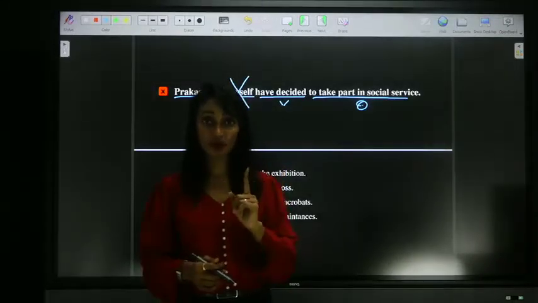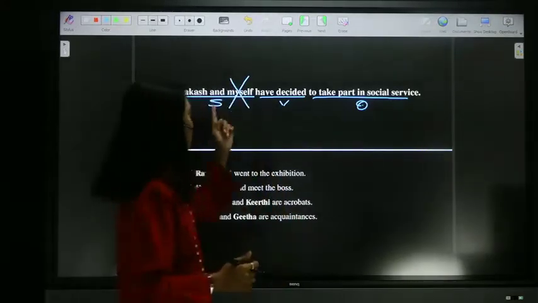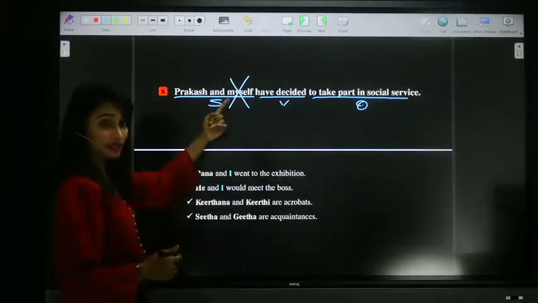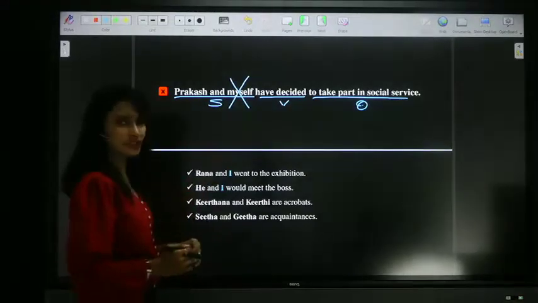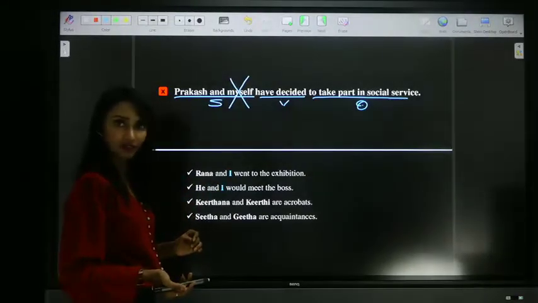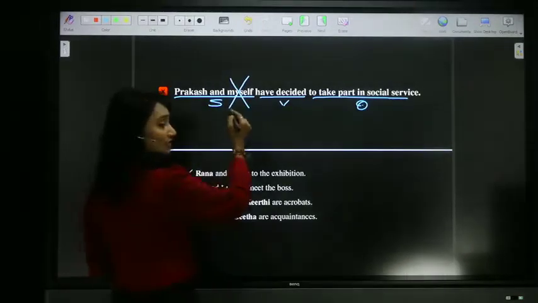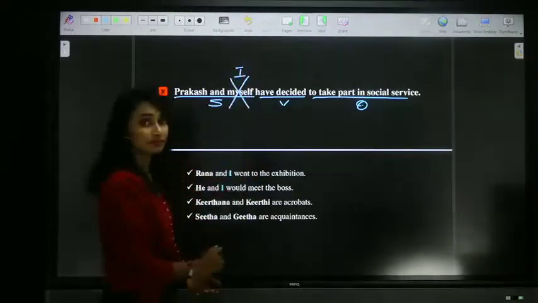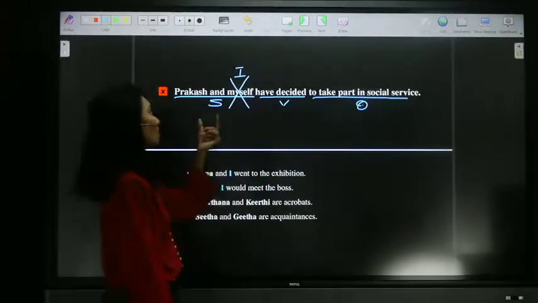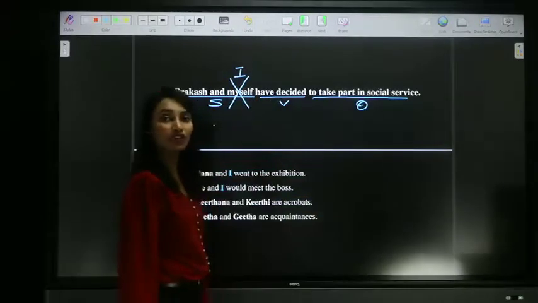That is inappropriate and grammatically wrong. So replace myself, which is a reflexive pronoun, with a personal pronoun. Myself is first person, reflexive. So we require a first person personal pronoun. What is the first person personal pronoun? I. So, Prakash and I have decided to take part in social service.